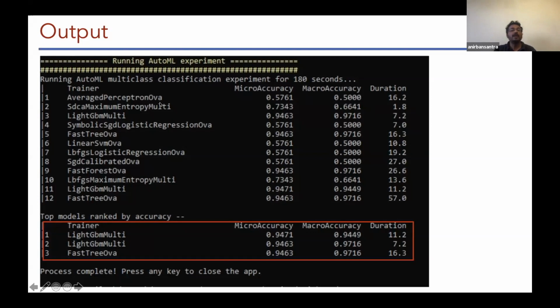After running the algorithm, we found that all those algorithms were tried by AutoML, and ultimately they are ranked by accuracy. Those are the top models, and the accuracy is around 94.71%. So ultimately, we have used only this algorithm, LightGBM multi. So it is identified.